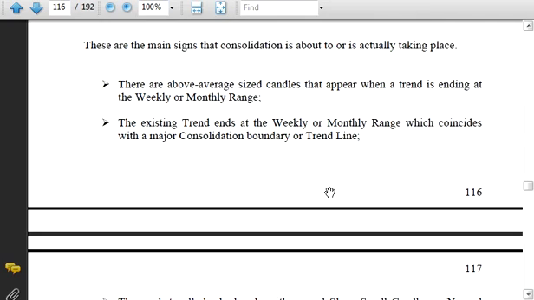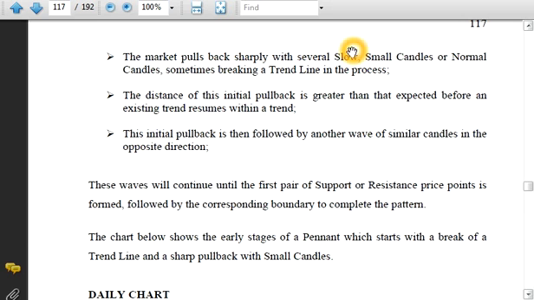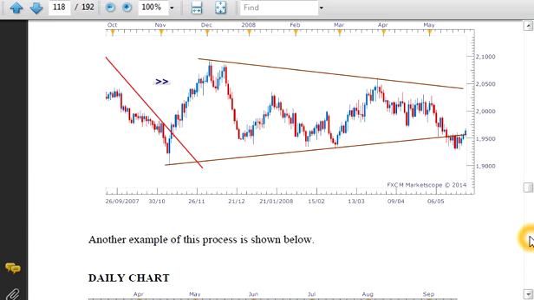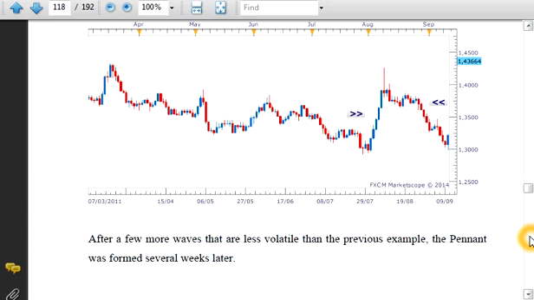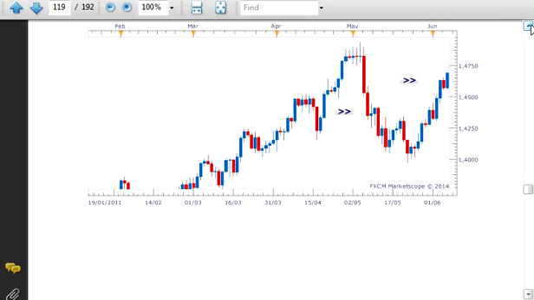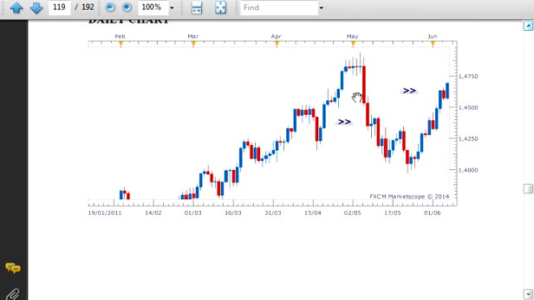One of the main signals is two consecutive waves of bullish and bearish candles. In this example, you will have a bearish wave followed by a bullish wave, or the other way around. It doesn't really matter.